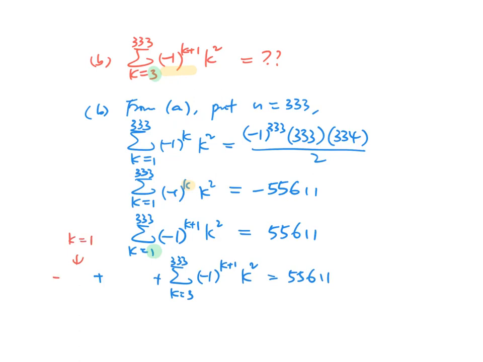According to the formula, it is minus 1 squared and 1 squared. The second term will be putting k is 2, which means minus 1 to the power 3 and then 2 squared. And then our job is to remove the terms to the right, and we can get the result. Okay, let me check. Which is equal to 55614 finally.